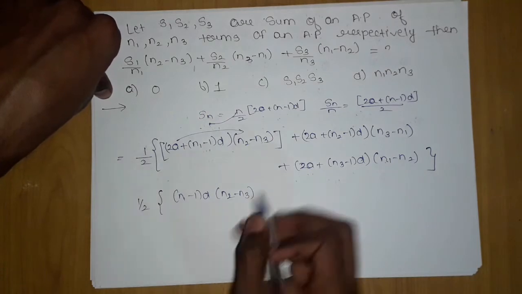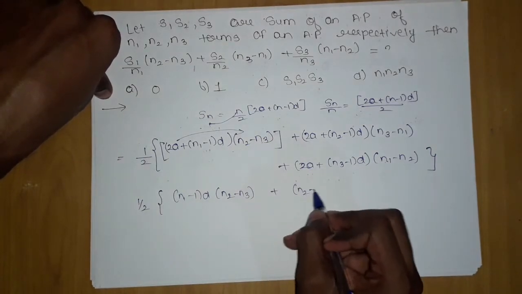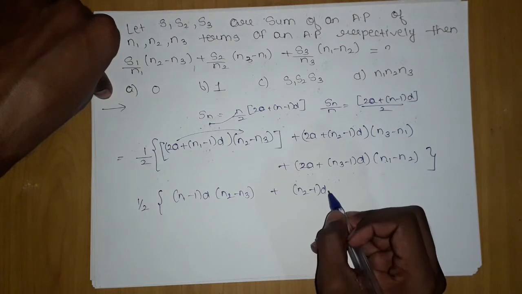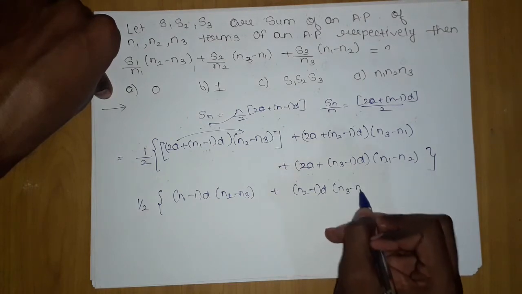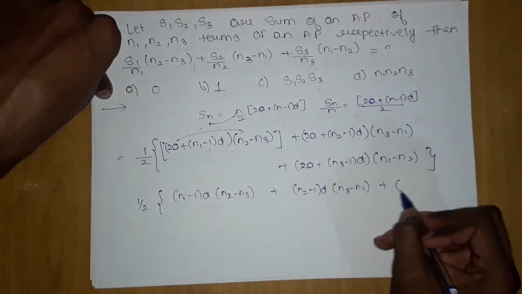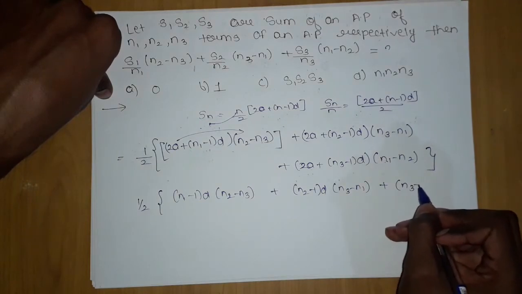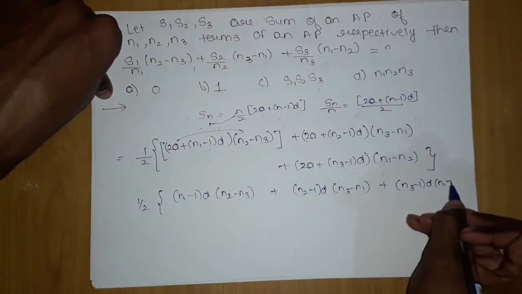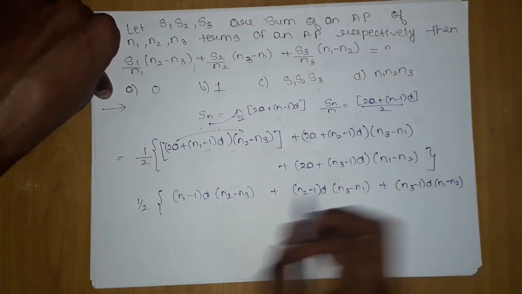The 1 by 2 is still outside, plus (n2 minus 1) into d into (n3 minus n1), plus (n3 minus 1) into d into (n1 minus n2). We should take d outside also.